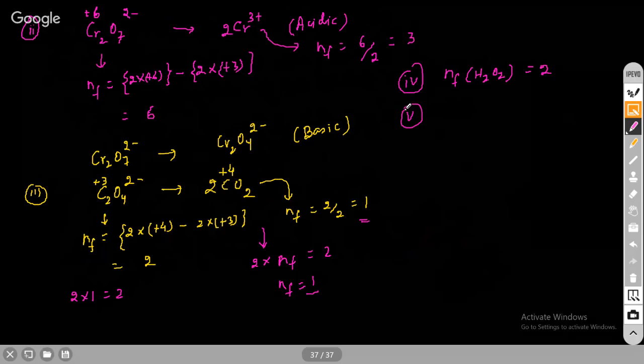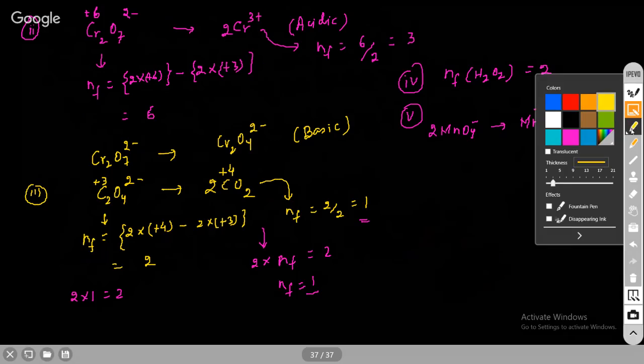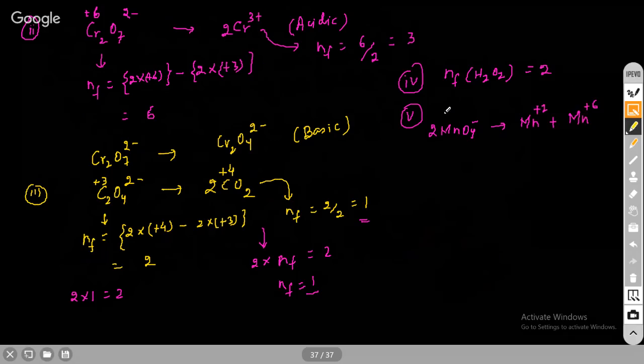Okay. If the reaction is this, suppose I am writing down 2MnO4 minus, and this converts into Mn plus 2 and Mn plus 6. So in this case, the same element, manganese here, is in plus 7 oxidation number.